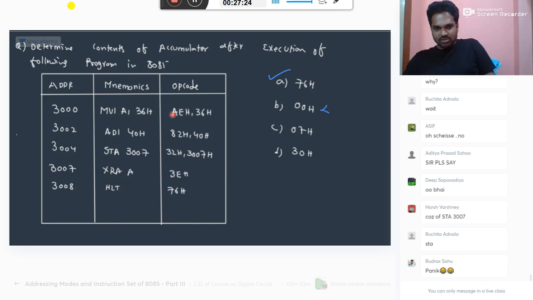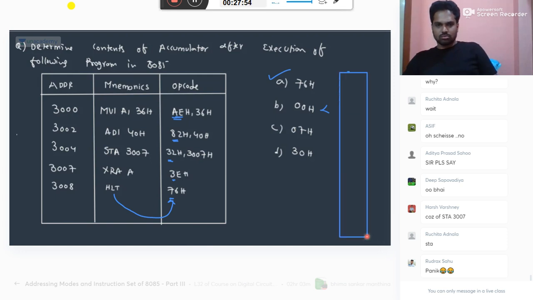It is 3000, 3001, 3002, 3003, 3004, 3005, 3006, 3007, 3008.